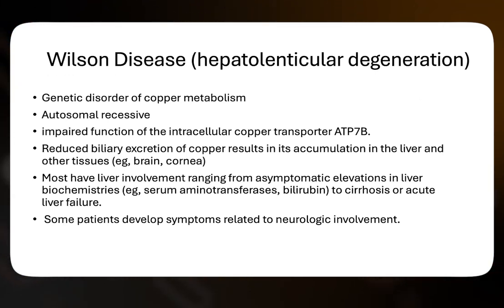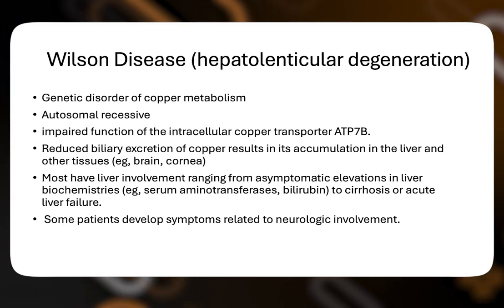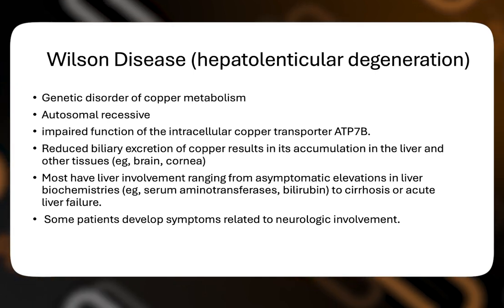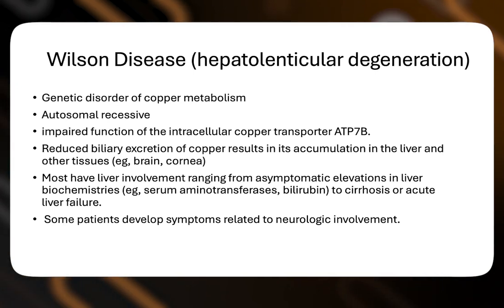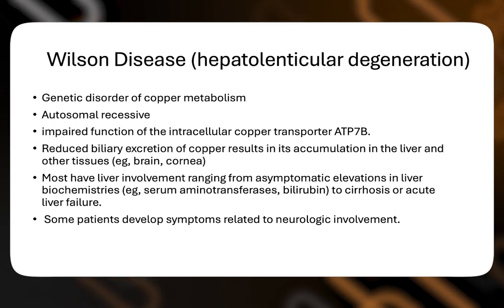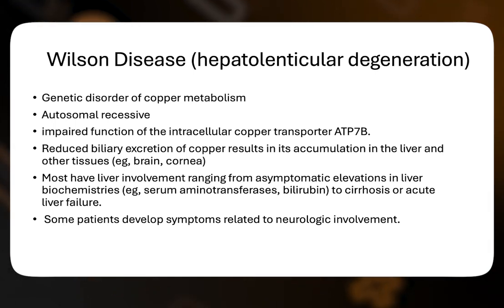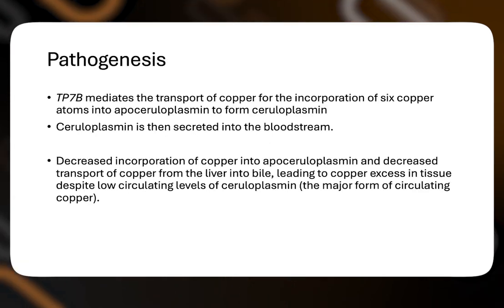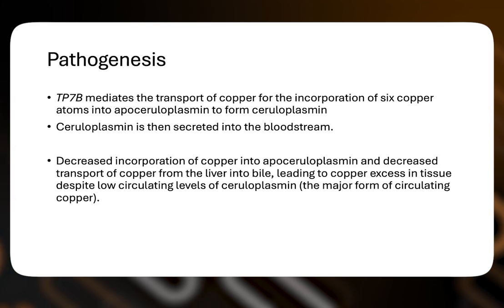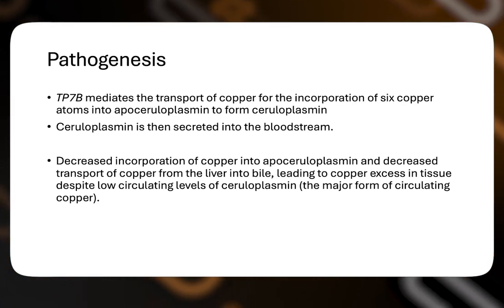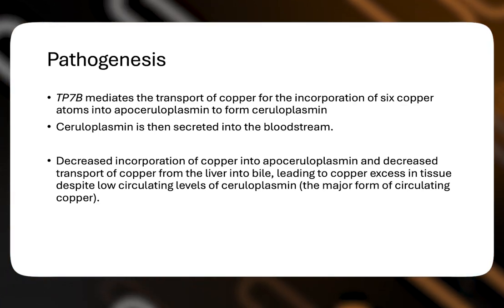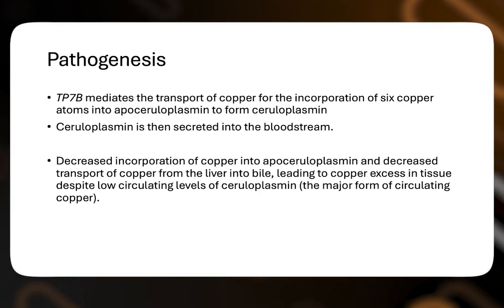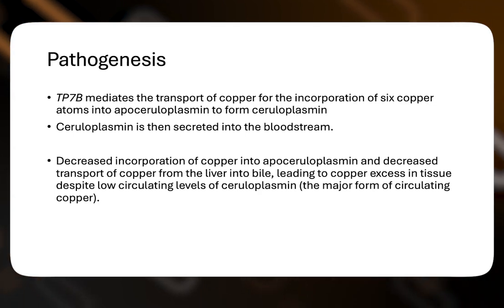This ultimately leads to reduced biliary excretion of copper, and it circulates in the blood and accumulates majorly in the liver, but also in other organs like the brain, causing neurological manifestations. In pathogenesis, ATP7B mediates the transport of copper, which turns apoceruloplasmin into ceruloplasmin, and ceruloplasmin is then secreted into the bloodstream. This is the normal metabolism of copper.